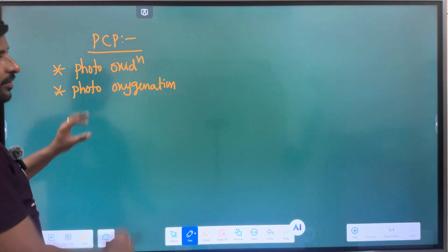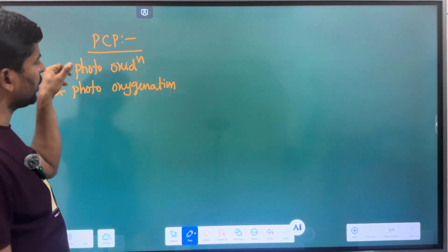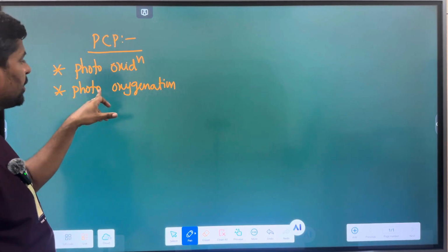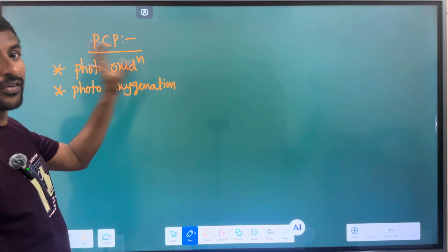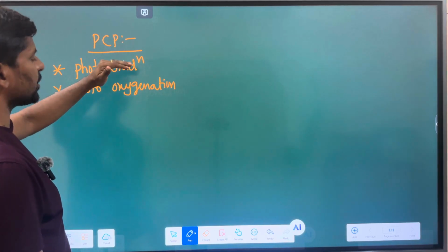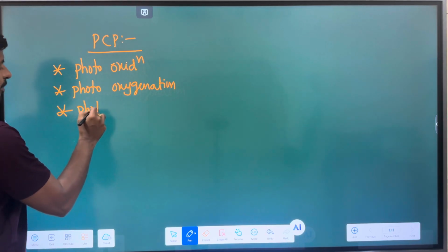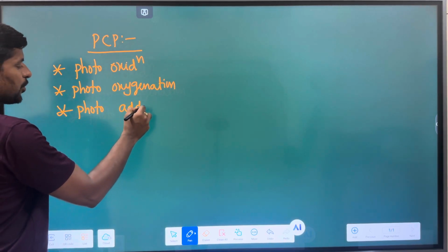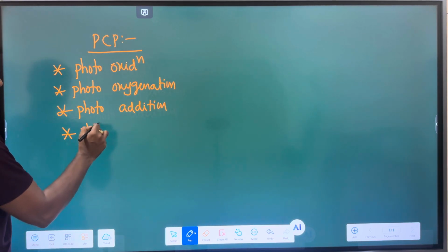Here oxidation means not only addition of oxygen; removal of electrons or removal of hydrogen also comes under photo oxidation. But photo oxygenation means you compulsorily have to add oxygen, and that is the small difference, so photo oxygenation comes under photo oxidation only. Photo addition, photo dissociation.